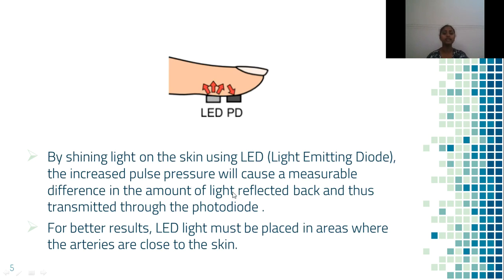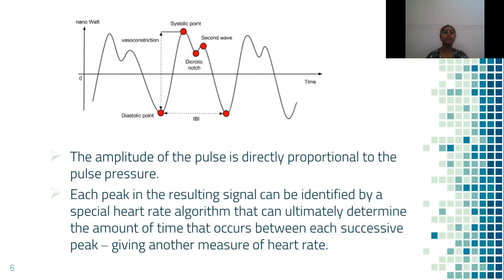For better results, the LED light must be placed in areas where the arteries are close to the skin. But why should we only choose arteries? Let's know. The amplitude of the pulse is directly proportional to the pulse pressure.